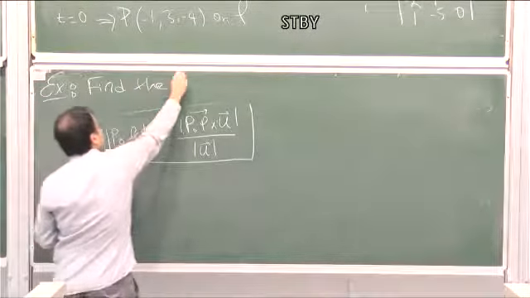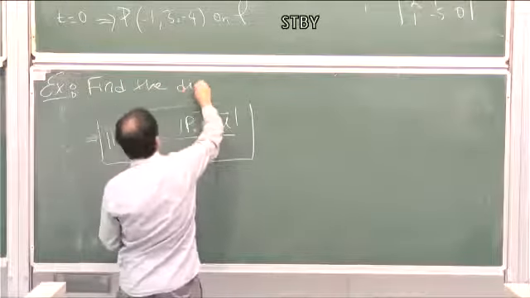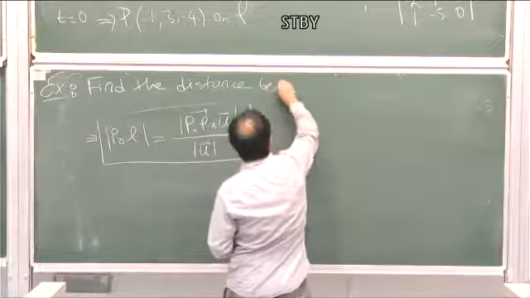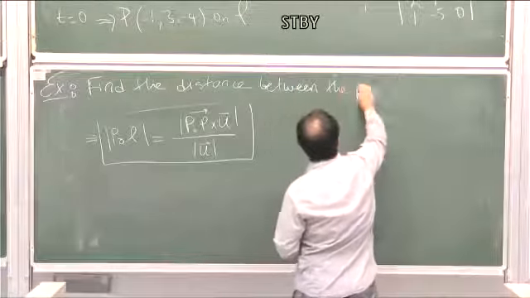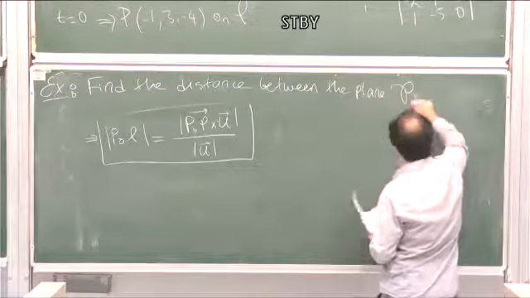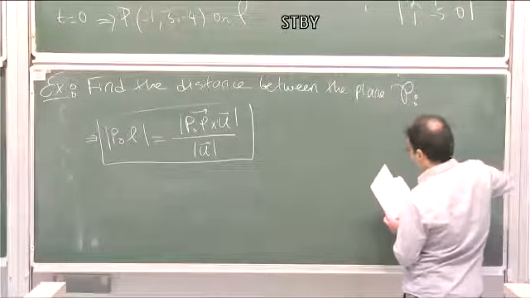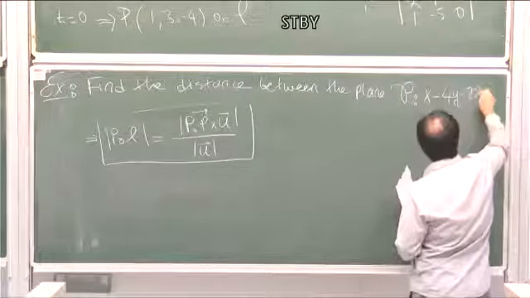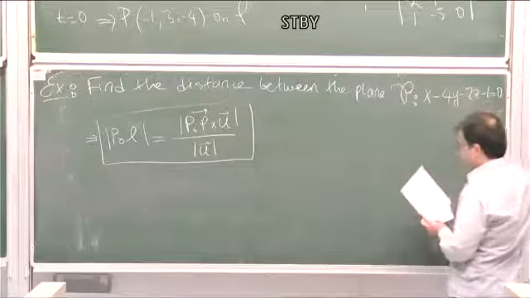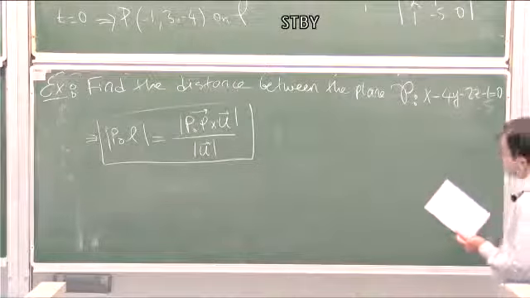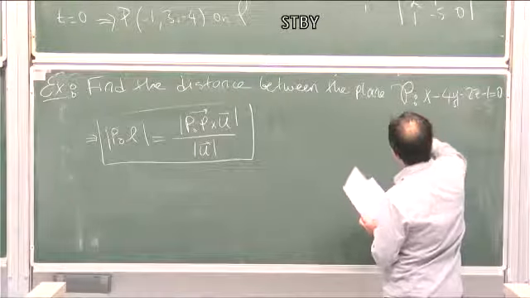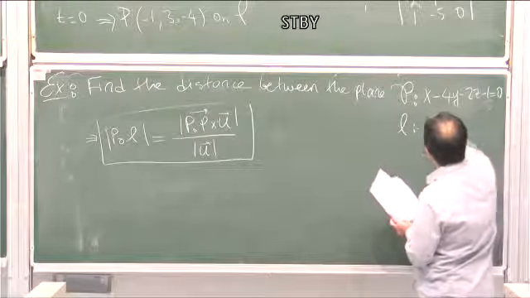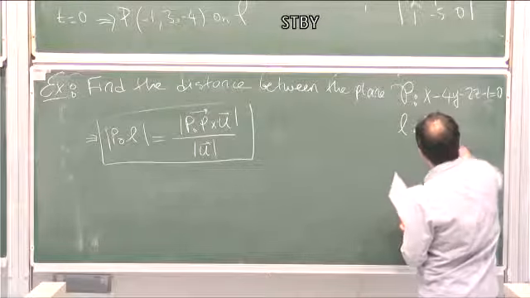Find the distance between the plane P, which is x minus 4y minus 2z minus 1 equals 0, and the line L, with parametric equations I'm going to write.